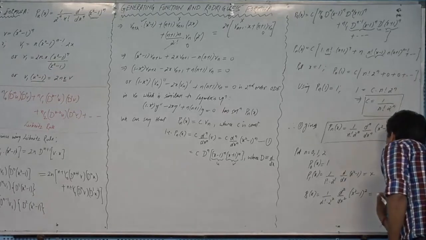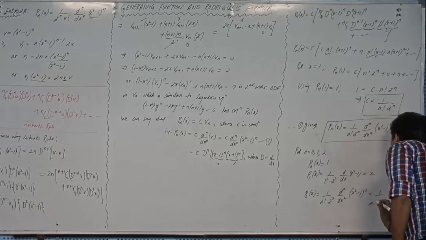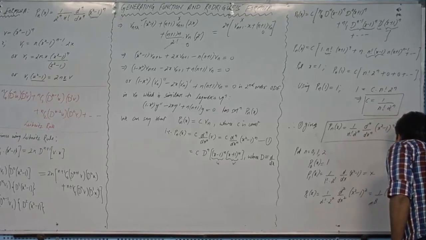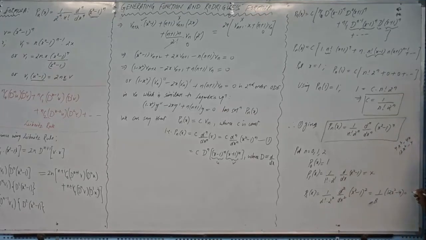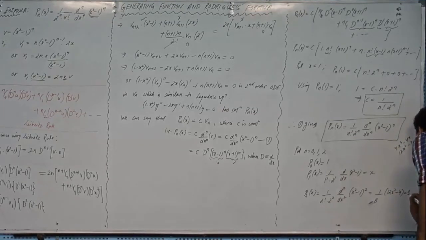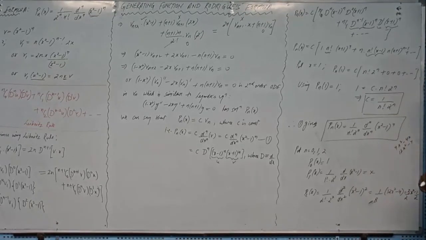So ultimately that will be 1 upon 8 and 12x square minus 4, and on calculation it is giving the correct result, yes, 3 by 2 x square minus 1 by 2, which is indeed the correct value, right?